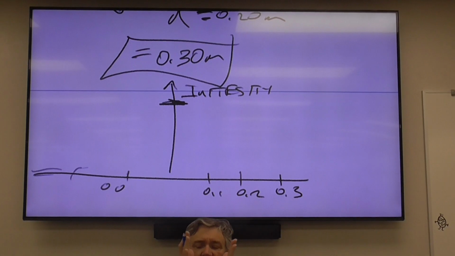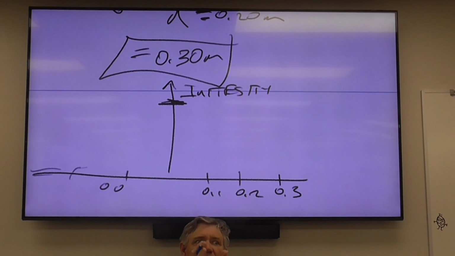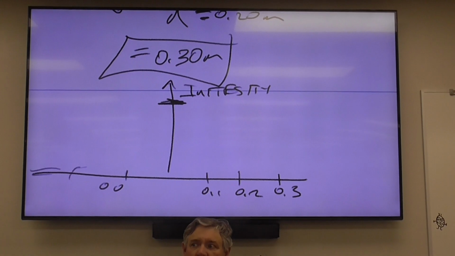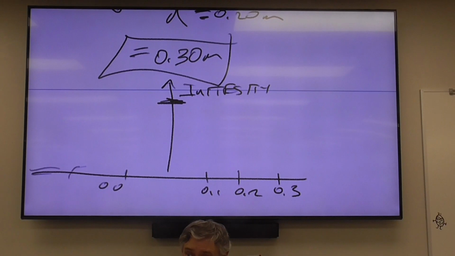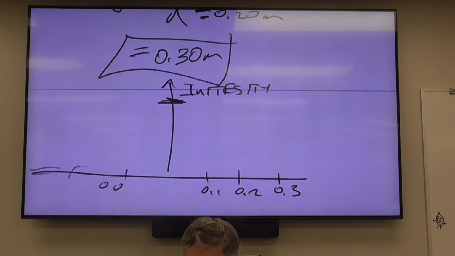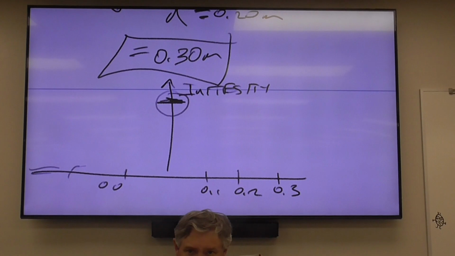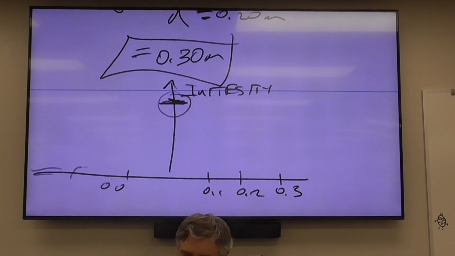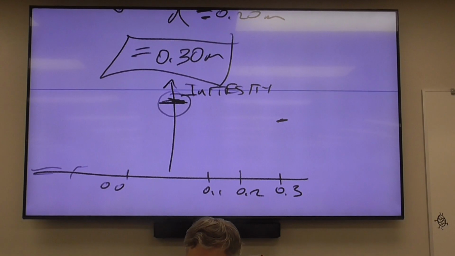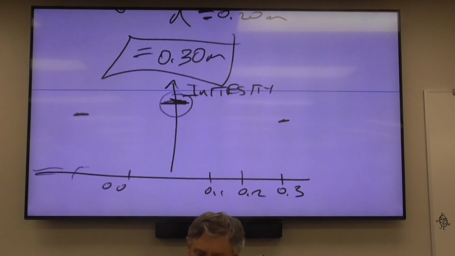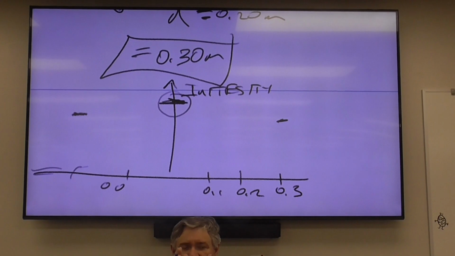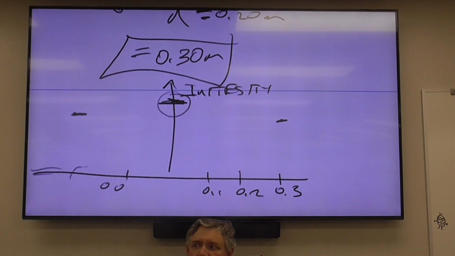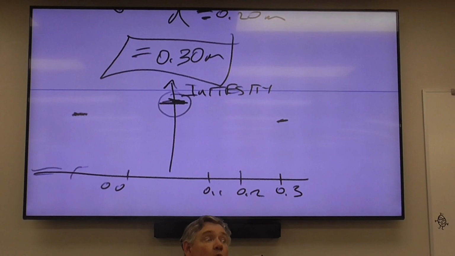Now, where is going to be the next most intense line? Plus or minus 0.3. So over here at 0.3, now, is it going to be as intense as it is in the middle? No, because it's more spread out. So that's going to be something like here and here. Now, will the intensity ever go to 0? Yes. Where?